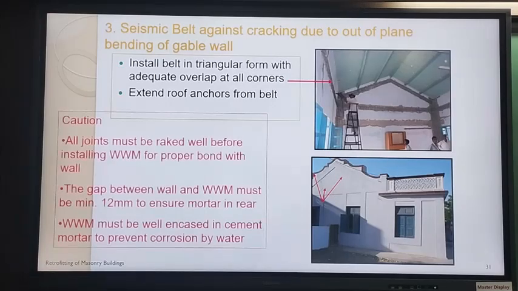So the wire mesh. As you can see just under the gable wall, there is an extra belt put in right here at this higher level.